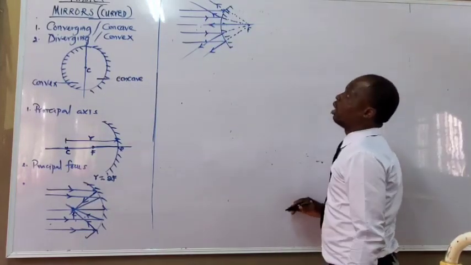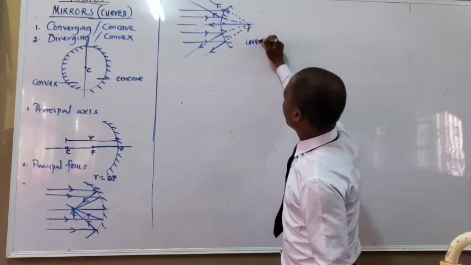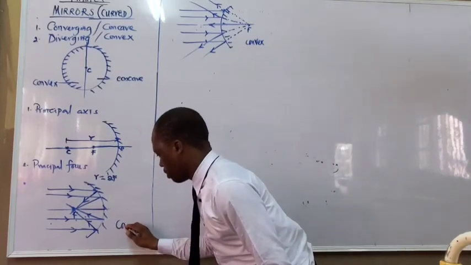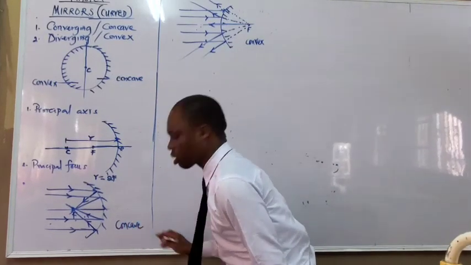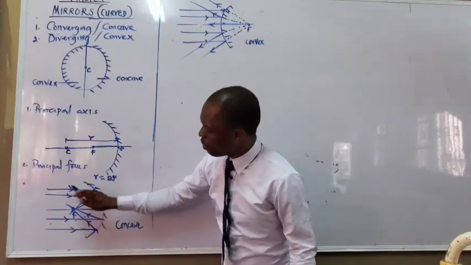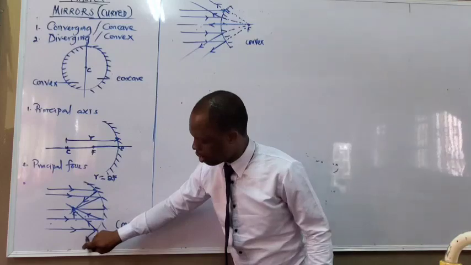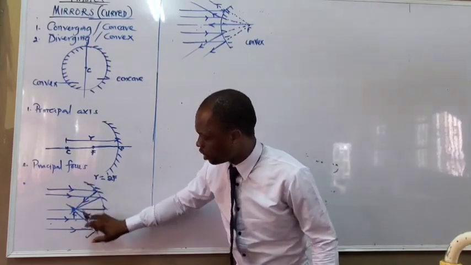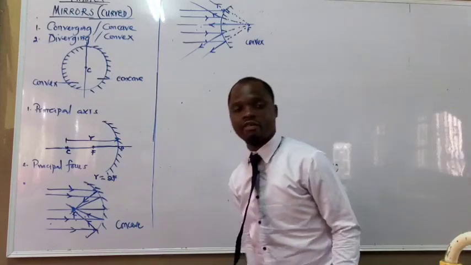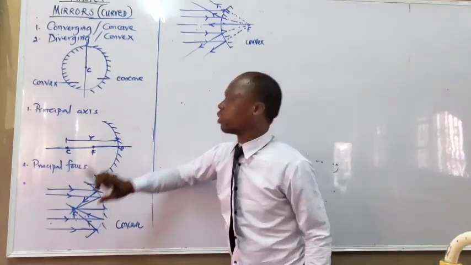This is a convex mirror or divergent mirror. This is a concave or converging mirror. So you can see from here that all parallel rays drawn to the concave mirror after reflection converge at the principal focus.